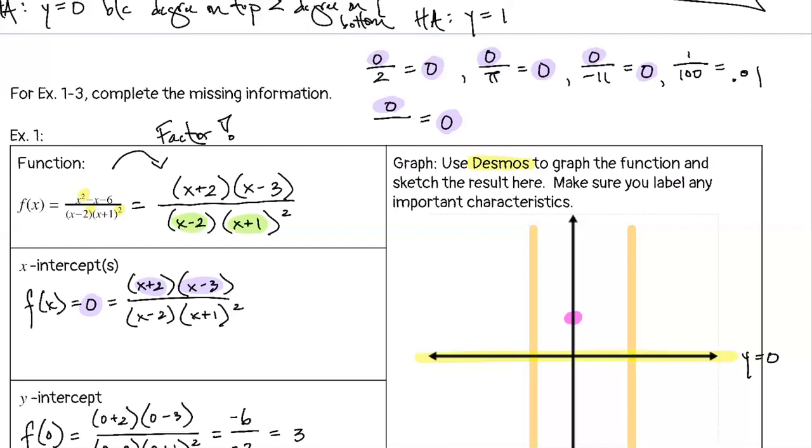We just need to have the numerator equal to 0. Correct, correct. And this is definitely assuming there's not a hole there, okay? Otherwise it would be undefined. But once we've gotten rid of our common factors, the only thing we need to do to find the x-intercepts is set the top equal to 0.